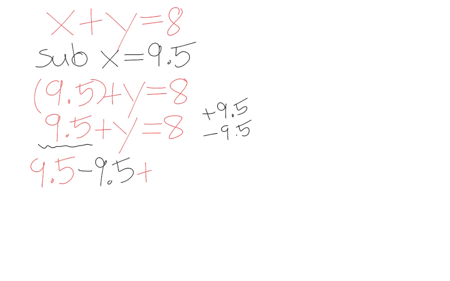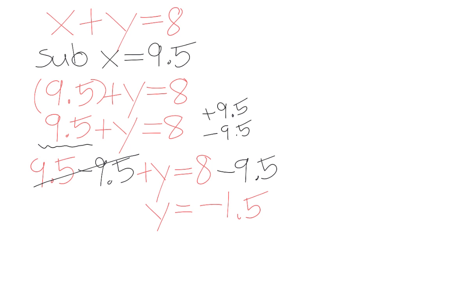The plus y stays the same, and the 8 stays the same, but I'm adding a subtract 9.5 beside the 8 because I need to subtract 9.5 from both sides. 9.5 subtract 9.5, that cancels out, and you're left with y is equal to 8 subtract 9.5, which is equal to negative 1.5.